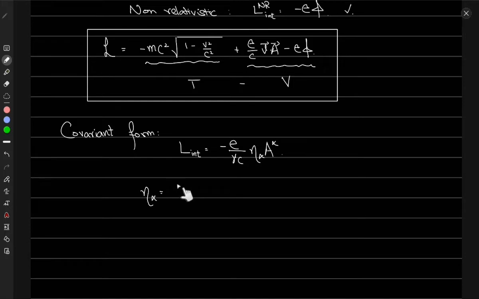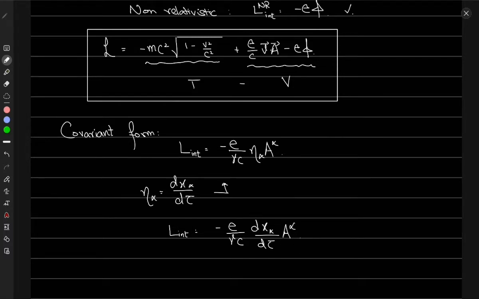Eta alpha is the derivative of position coordinate with proper time, so something like that. So if this is eta alpha, we can just put this back into this interaction Lagrangian, and this becomes minus e gamma times c, and for eta alpha we'll replace this with dx alpha by d tau, and then we have A alpha.